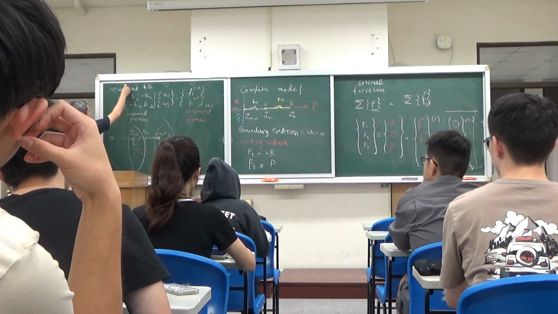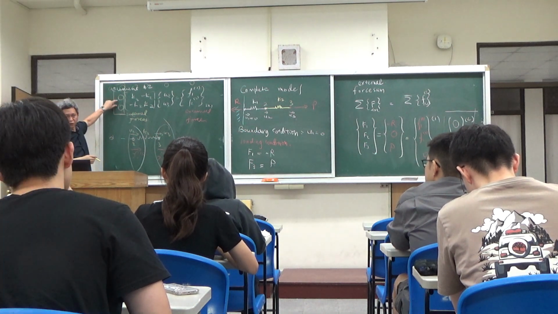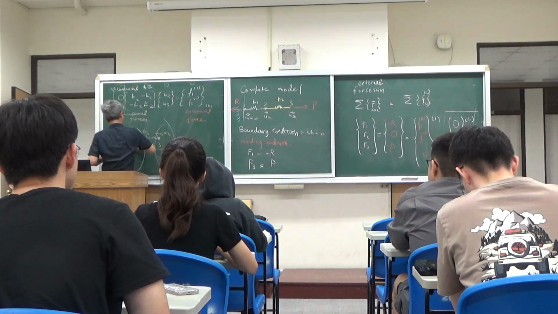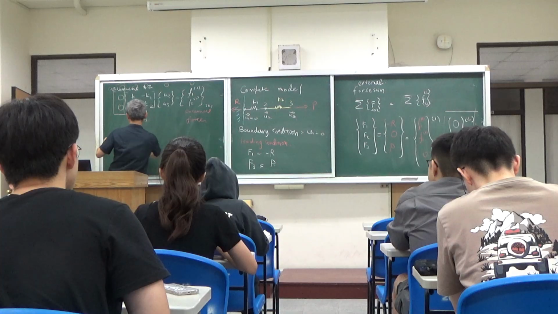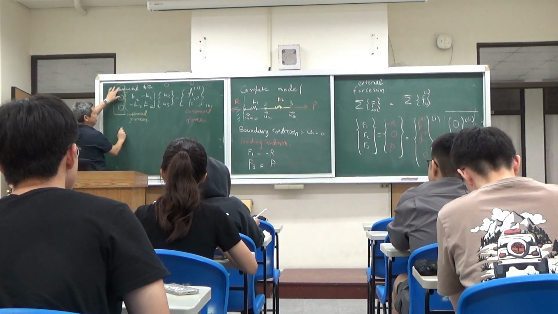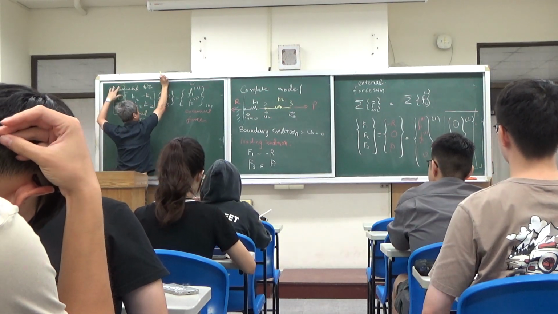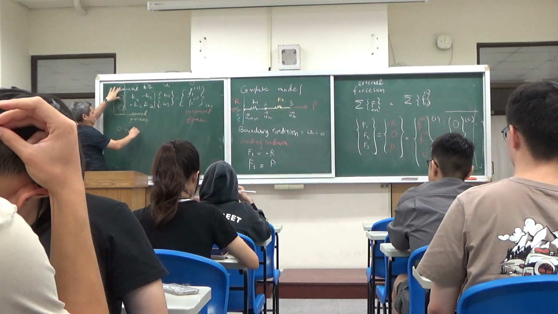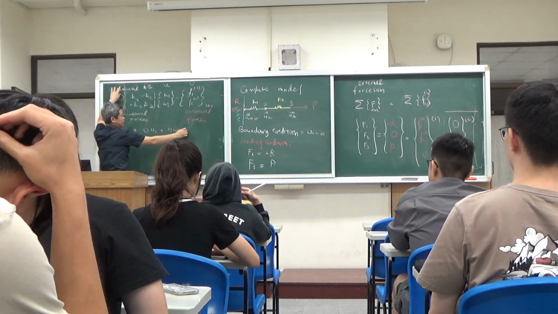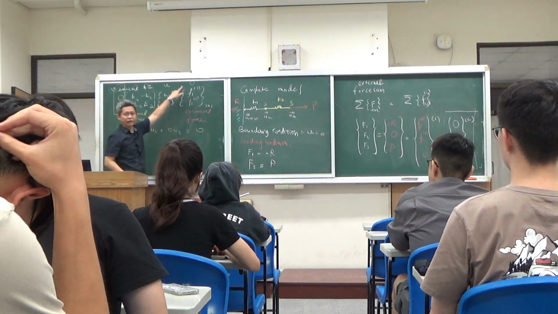You might be curious, why do I need to write a 0 column at the front? If you're not sure, do the expansion. The first row of the equation: 0 times u1 plus 0 times u2 plus 0 times u3 is equal to 0 force. You see that? This is the first row of the equation.